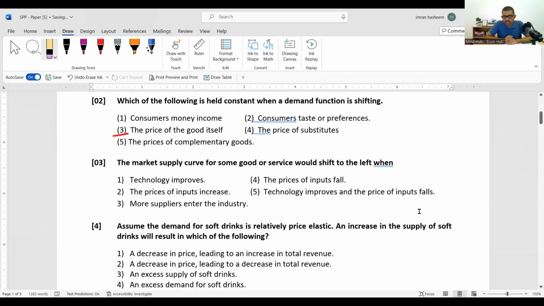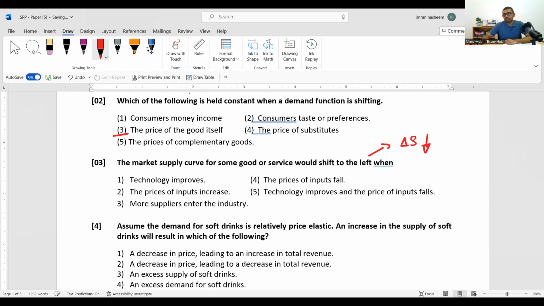For question number 3: the market supply curve for some good or service would shift to the left when? Shift to the left means a leftward shift, which is a decrease in supply.